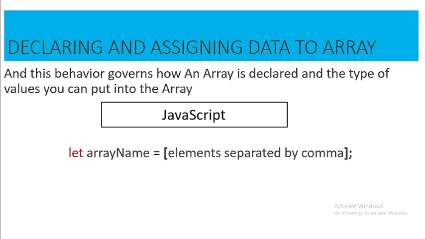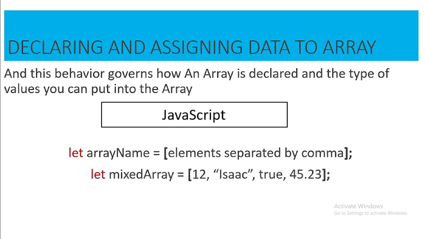you use the let keyword to declare a variable. The same let keyword is used to declare an array name. So let array name equals, then the square brackets, the elements separated by comma, then the close square bracket.